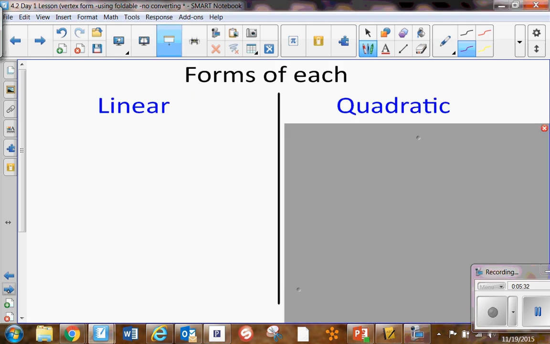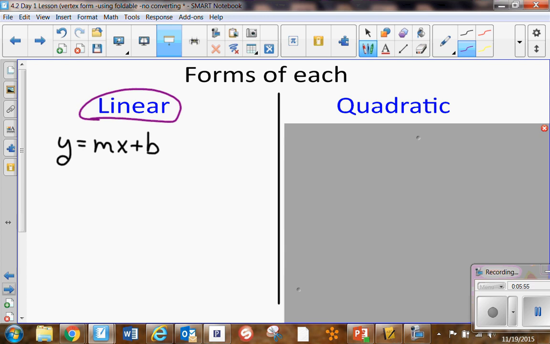So today, before we move on to other forms, let's first talk about forms in general. Take you back to Algebra 1, pre-algebra days, okay? When we were just doing linear, do you remember what the different forms were that you used to write a linear equation? The most obvious one that most of you remember is y equals mx plus b.